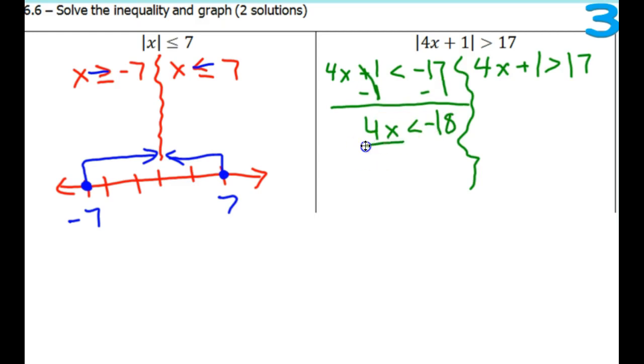To get x by itself, we need to divide by 4. And x is less than negative 4.5. Over here, we need to subtract 1.